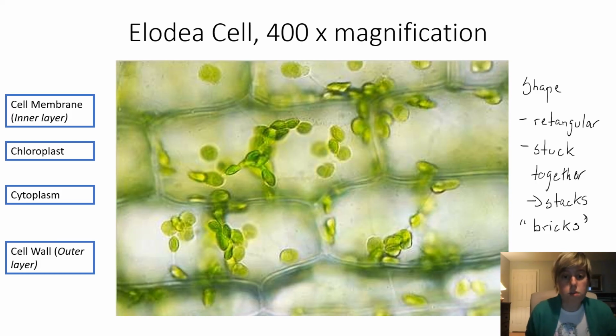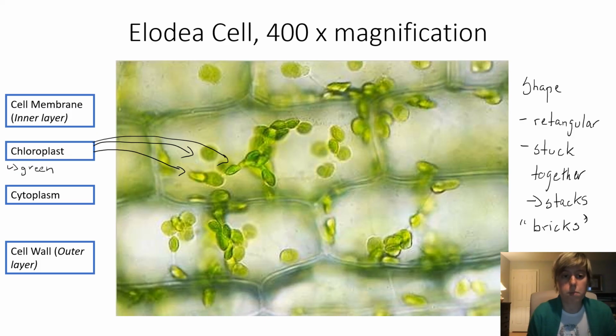Now, if we're looking at our Elodea cell, because of all of our chloroplasts, we can't actually see our nucleus, but we know that this is a plant cell because we have our chloroplasts, which are all of these green discs. And the key thing about chloroplasts is, number one, they are going to be green.